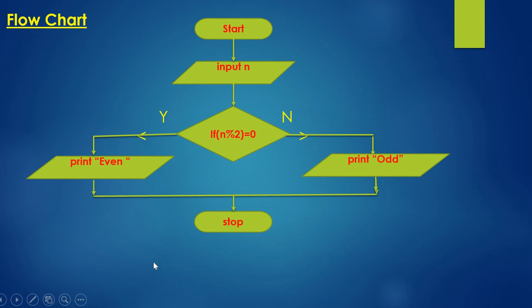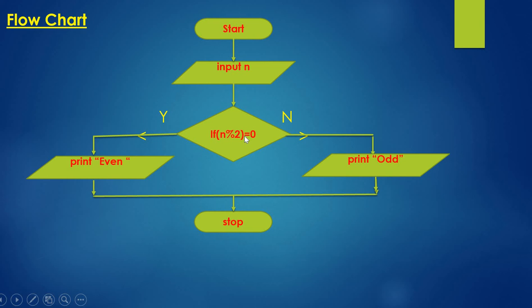Then, how to draw the flowchart? Start is in an oval symbol. Then input n. That input is in a parallelogram. Then this condition. Condition is in a rhombus or diamond shaped box.